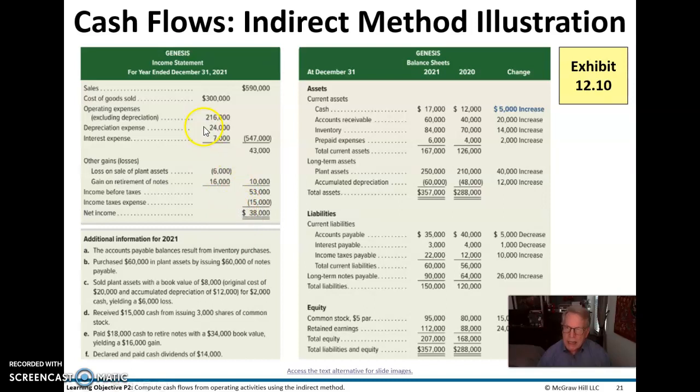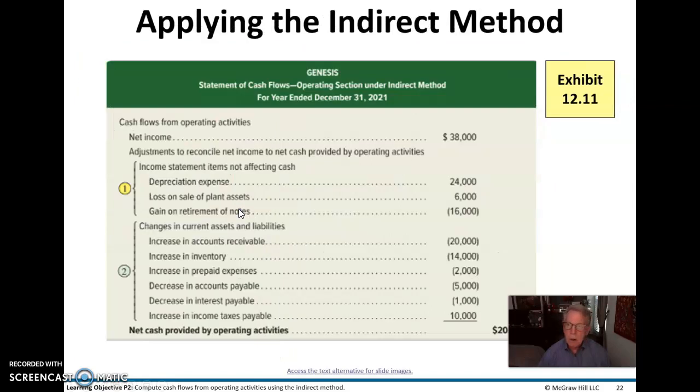Now I need to add that back because it was a non-cash expense. So that's what I've done here. And then losses, same kind of thing. I've subtracted that to get to net income, and I need to add that back. Again, we're going to do exactly the opposite. So we take that and add it right back.